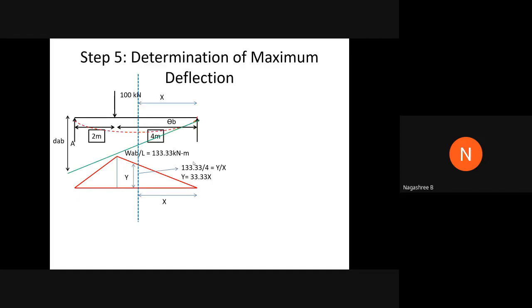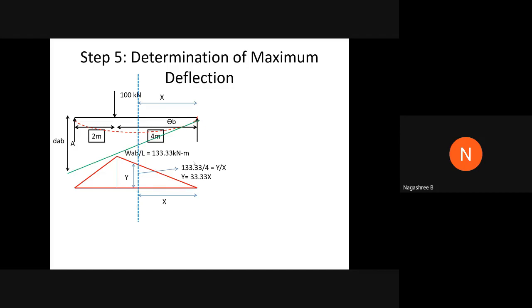Here, in order to determine the maximum deflection, suppose you have a simply supported beam wherein the 100 kilonewton load was exactly at 3 meters from A and 3 meters from B. In that case, definitely you can say the maximum deflection will be exactly below the loaded point of 100 kilonewton.